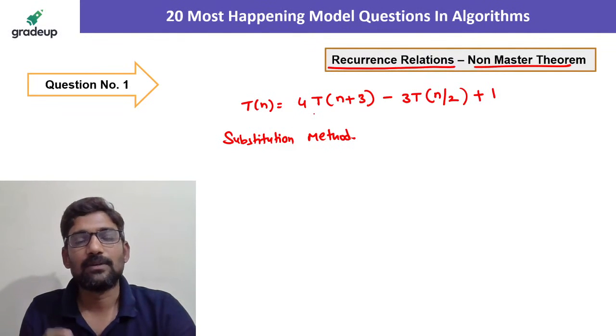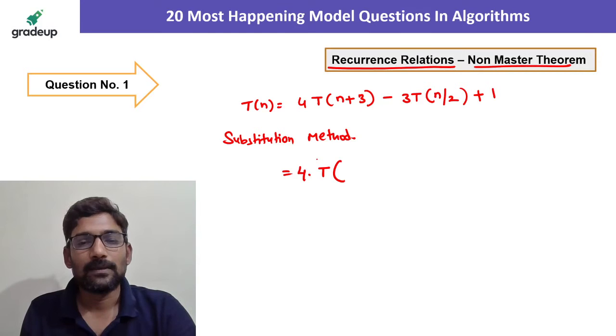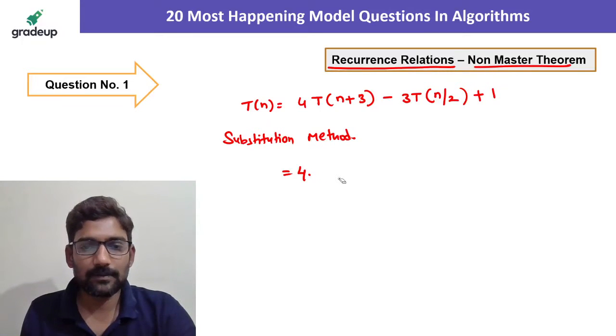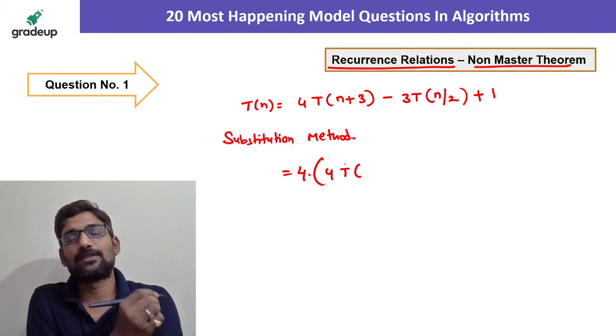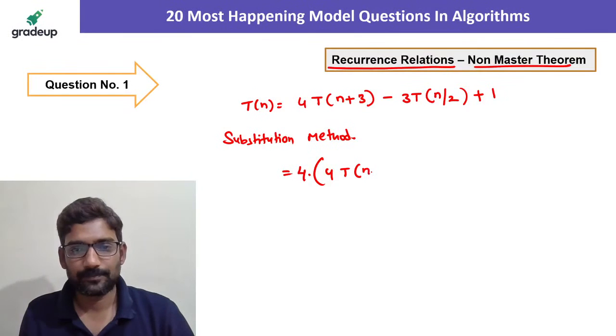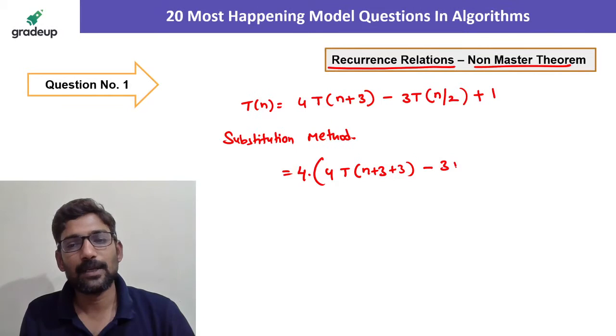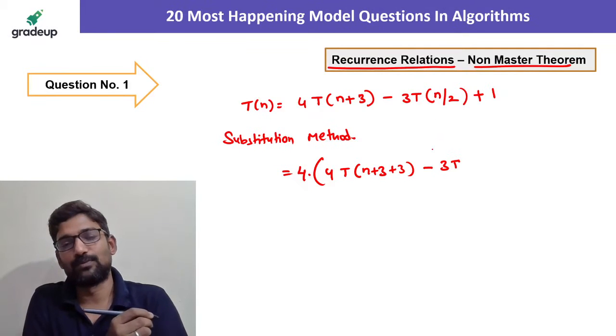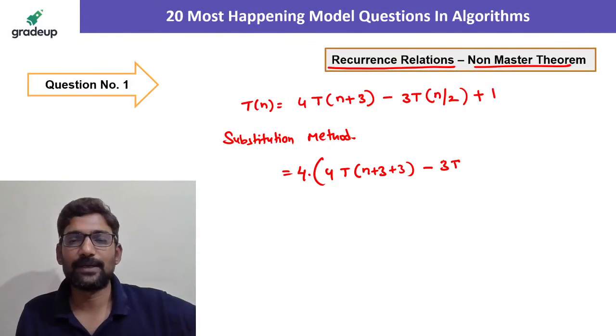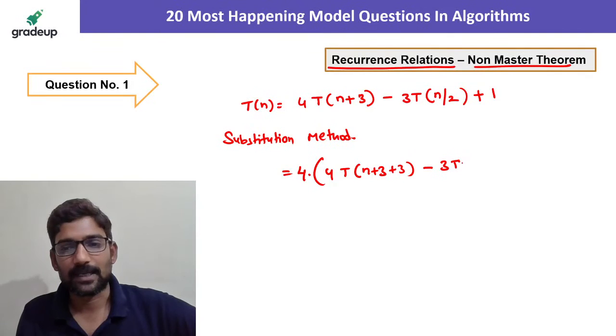When this is T(n), what would be T(n+3)? T(n+3) will be 4T(n+3+3) - 3T of n divided by 2. What is n divided by 2 for n+3? (n+3)/2.